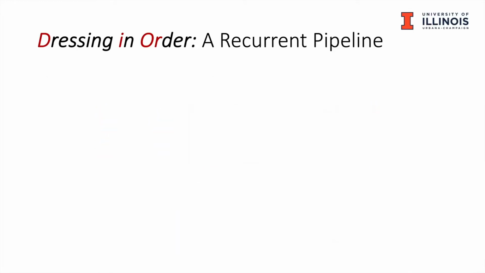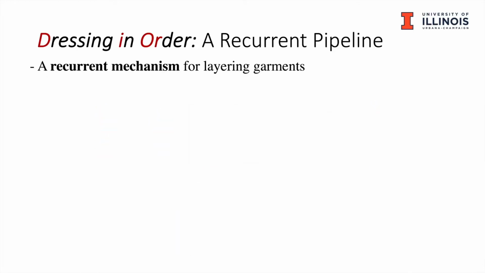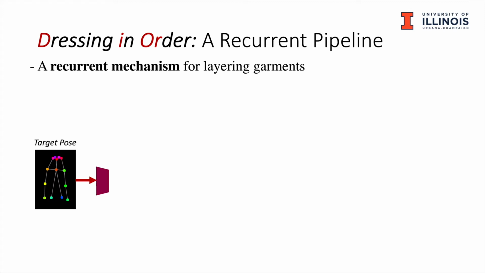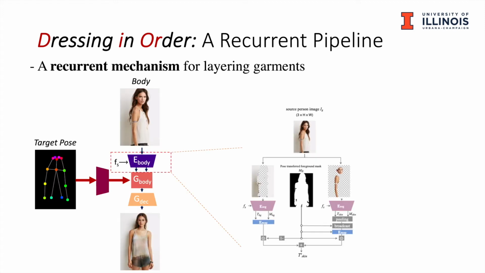The key for Dressing in Order to work on multiple tasks is a recurrent pipeline. The generation starts with a target pose and a source person. The first thing we do is extract the skin region from the source person and render the source person in the target pose.